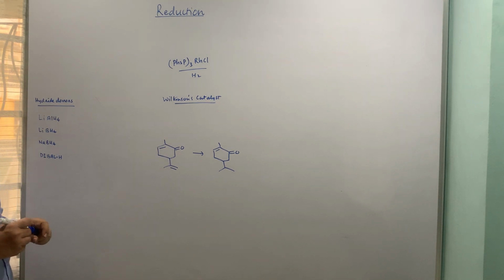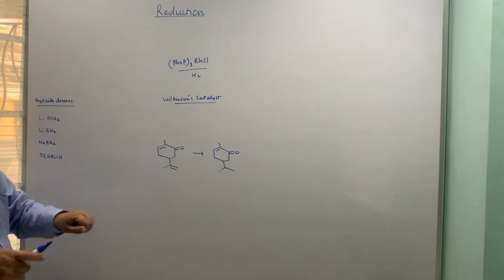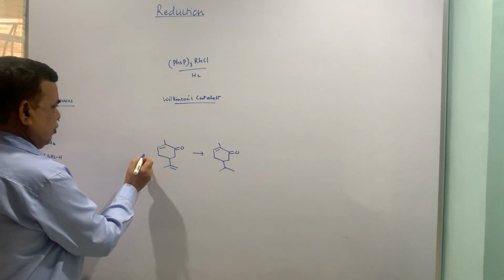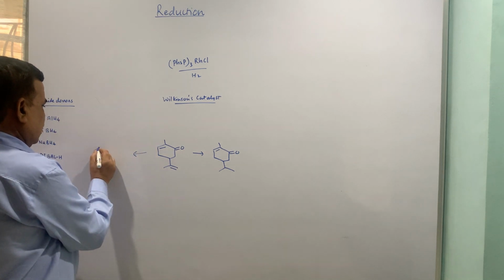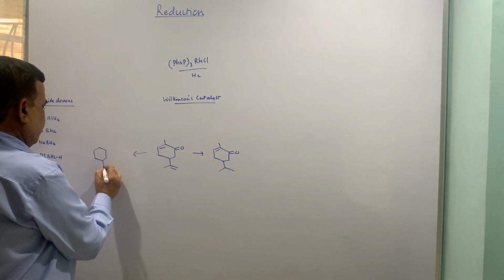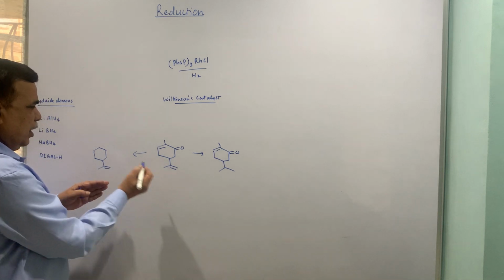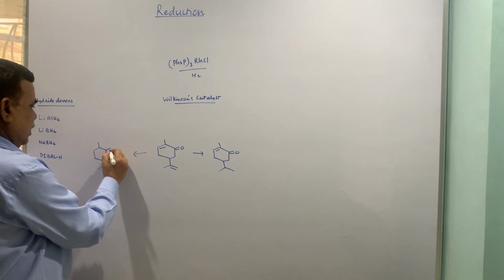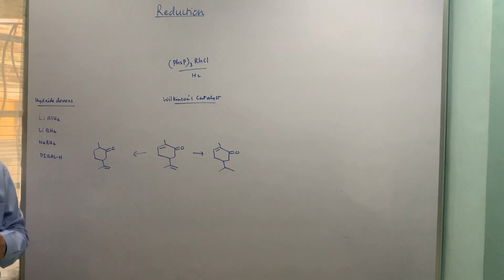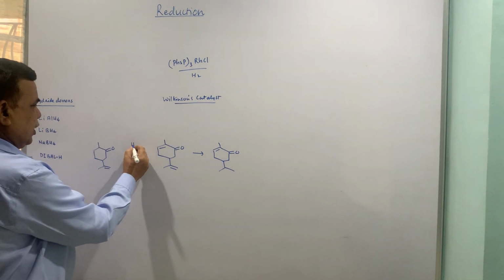Now for the conjugated double bond, I will just put a transformation on the other side. Suppose I want to retain this double bond and remove the top double bond, the conjugated one, then my reagent would be H2, Pd/C.